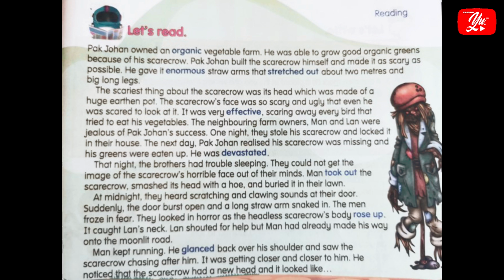The scarecrow's face was so scary and ugly that even he was scared to look at it. It was very effective, scaring away every bird that tried to eat his vegetables. The neighboring farm owners, Man and Nan, were jealous of Pak Johan's success. One night, they stole his scarecrow and locked it in their house. The next day, Pak Johan realized his scarecrow was missing and his greens were eaten up.